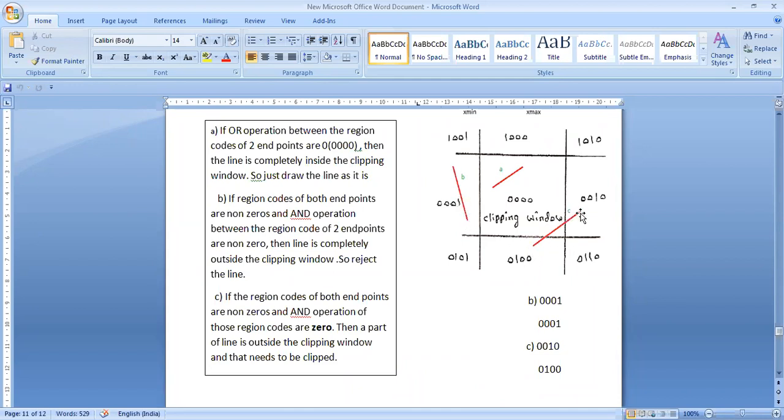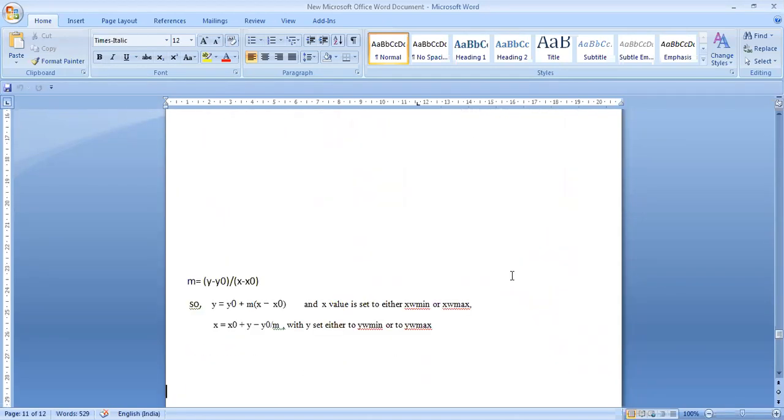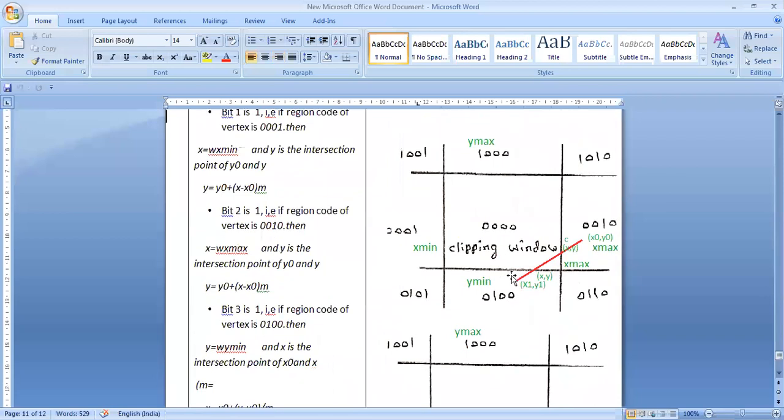If both the endpoints are non-zero and the AND operation turns out to be 0, then part of it is outside and part of it is inside. For this type of line I need to clip the unwanted region, that means the region that is going outside the window. This is how I will clip.